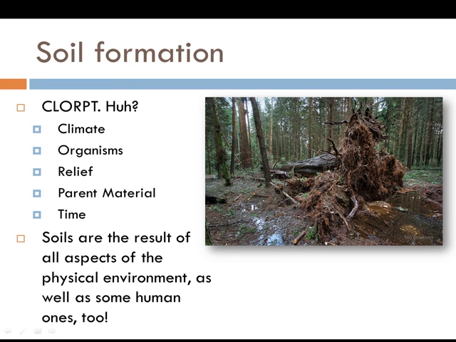All of these processes operate on geologic timescales, not human ones. So soil formation can take hundreds to thousands of years. And once a soil is formed, it doesn't just stop changing. So the characteristics of our physical environment are always changing, and that includes soils. So in a few hundred years, it's actually conceivable that soils in our most productive places here in North America will be unable to support corn production, right?